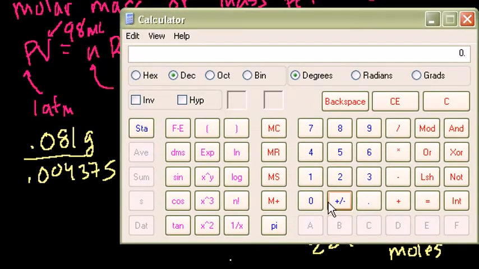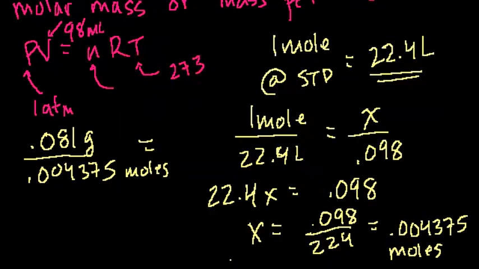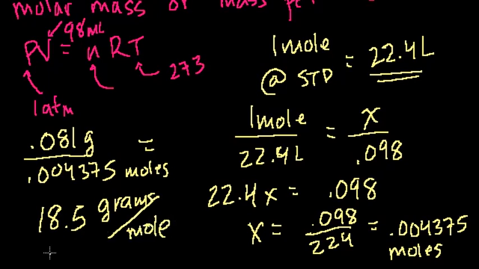So we have 0.081 divided by 0.004375 is equal to 18.51. So it equals 18.5 grams per mole.